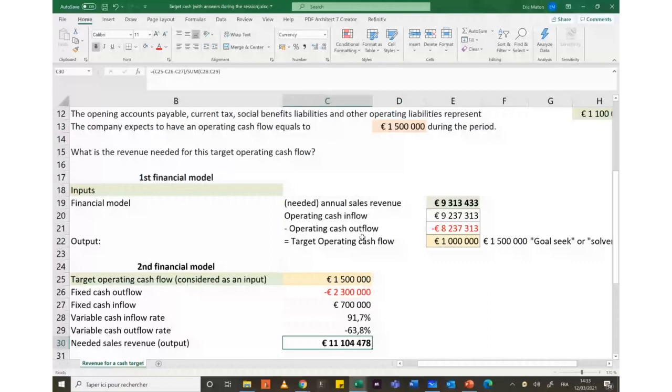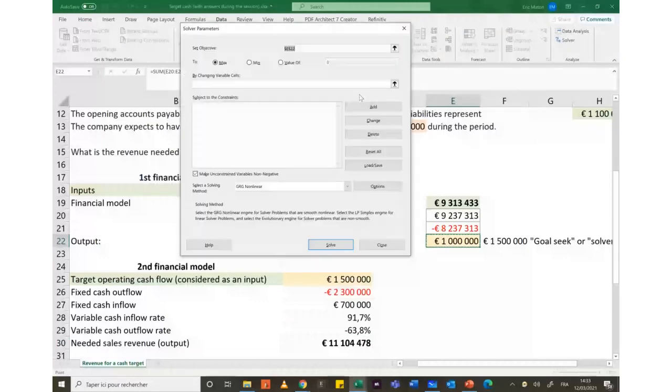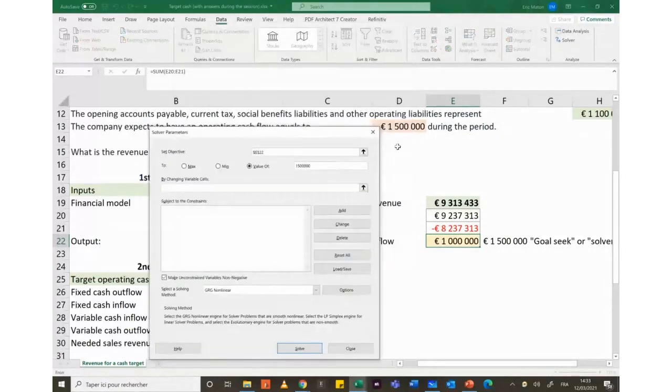Okay. I need 11,104,470. If I want to find the same with the first model, with 1.5 million, now I need to use the goal seek or the solver. In the solver, I say to this one, I want a value of 1.5 million by changing this one.